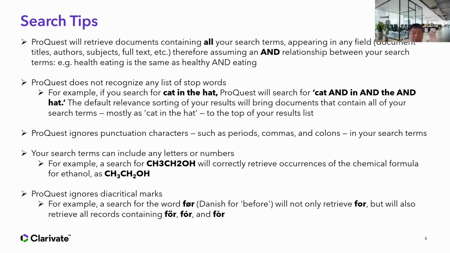Obviously, AI tools exclude that, but ProQuest doesn't. So if you put cat in the hat, ProQuest will try to retrieve the results that have all four words: cat, in, the, and hat. Those four words must be there in the content somewhere, whether in the catalog information, what we call the metadata section, or in the full text or abstract.